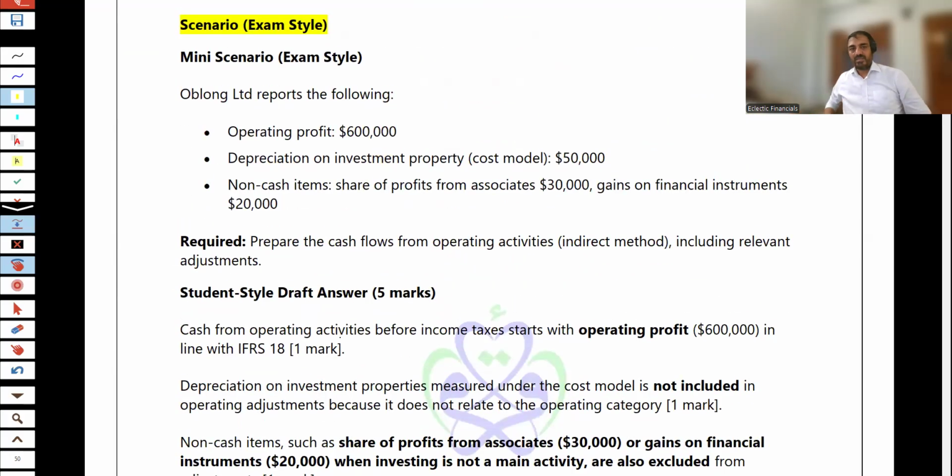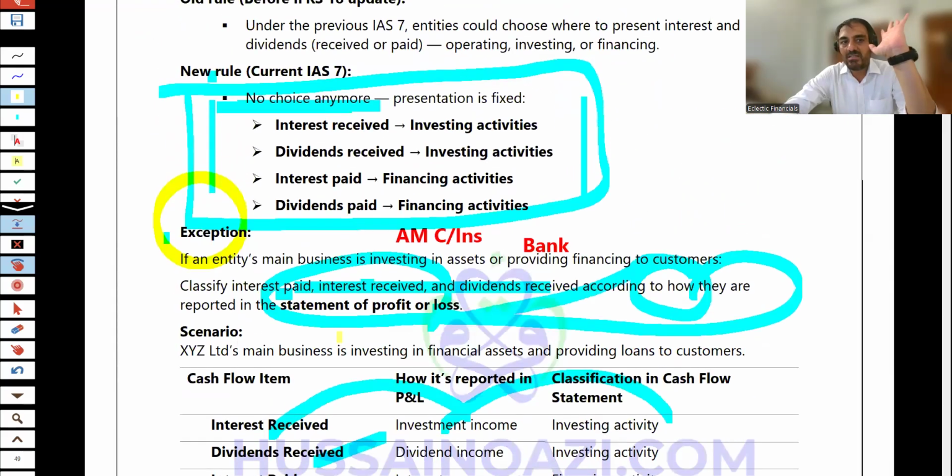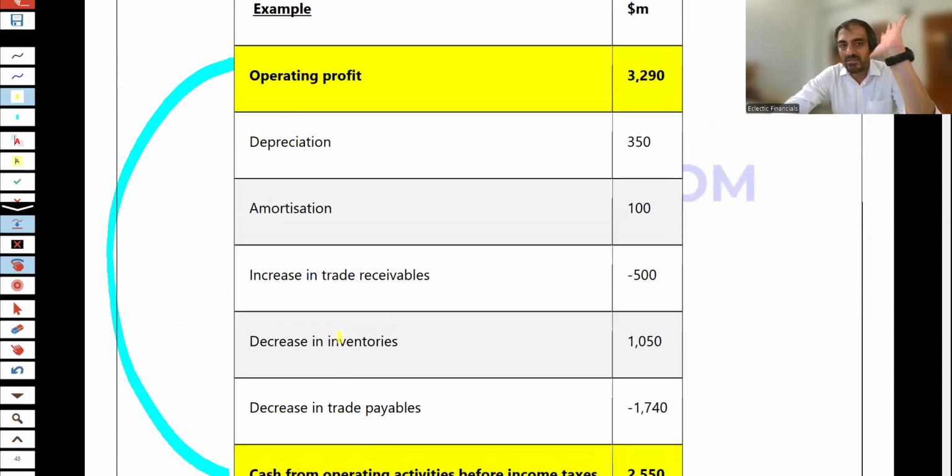Now, example, read it carefully. What are the three changes, summed up for the cash flow? Number one, very simple: cash flow starts from the cash flow from operating activity. Very first is operating profit. That's standard.